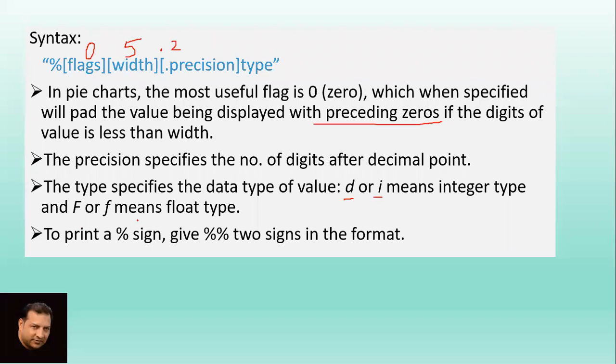Capital F or small f means the same, that is float type. Last point, to print a percent sign, give 2 percent signs. Because the first percent sign is telling that it is a special string, the last percent sign is closing it, and this percent sign will be displayed along with the number.